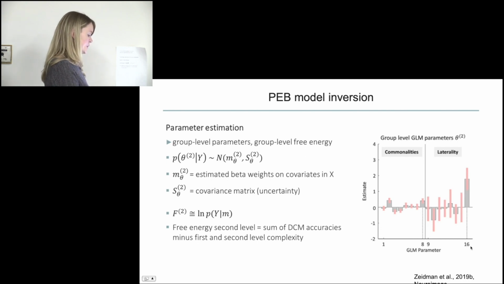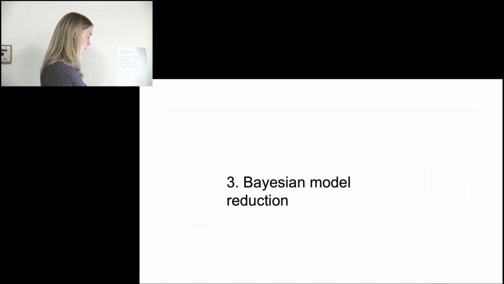So for parameter 16, which is, I don't know, a connection between region 2 to region 1, under some condition, for example, is different between groups if that was your second column, with the effect size of this much. So you have a very clear interpretation of your output as well.